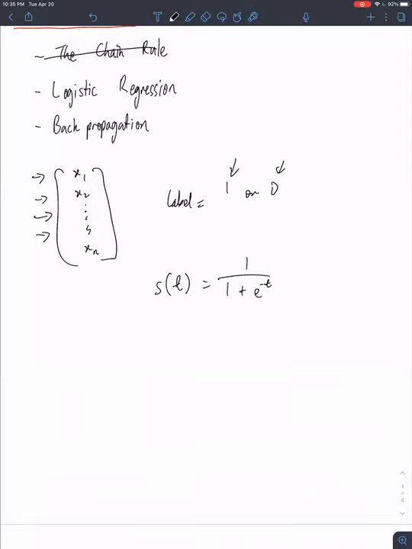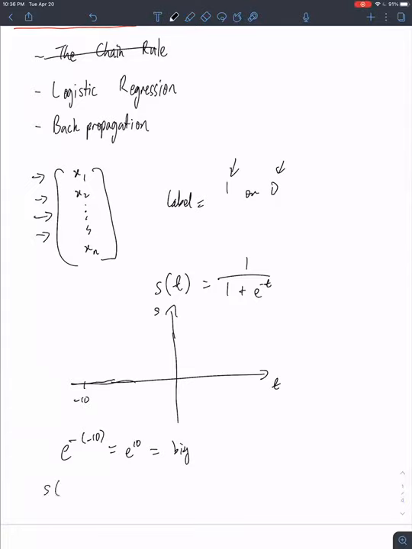Well, it kind of looks like this. When T is negative, right? Well, suppose T is really, here's T and here's what S is going to be. Suppose T is like -10, right? So e to the negative T, so e to the negative 10 is e to the 10, which is a big number, right? Mathematically speaking.